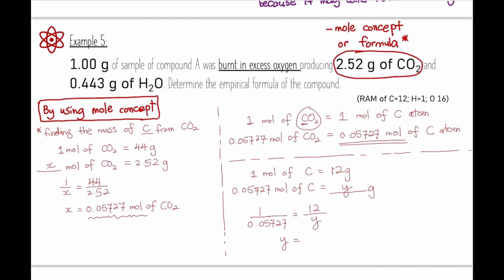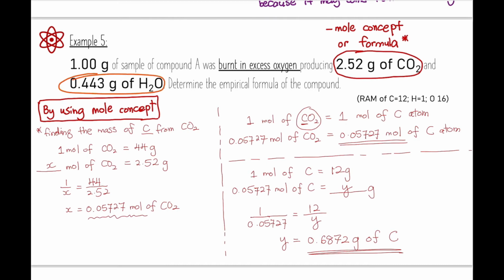Now we can finally find out the mass of carbon atom from carbon dioxide, and the value is 0.6872 gram of carbon.